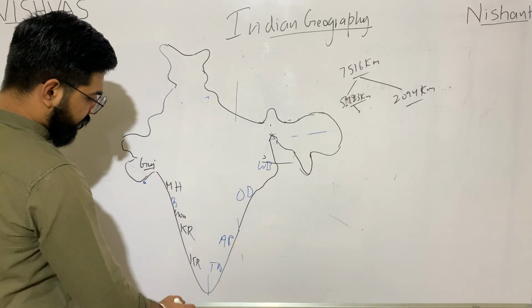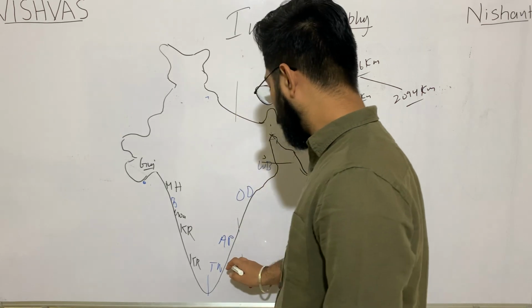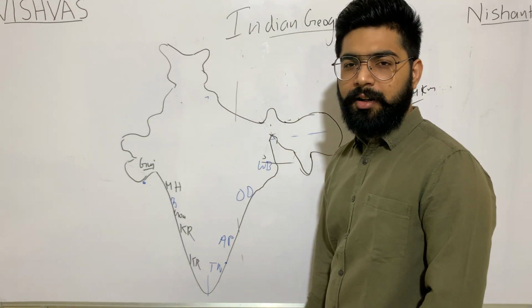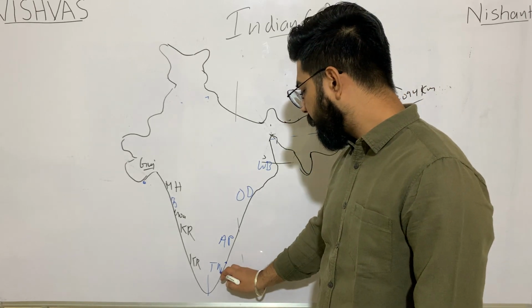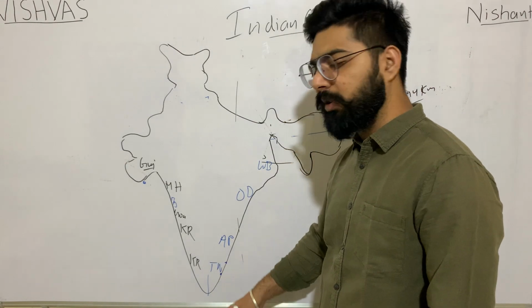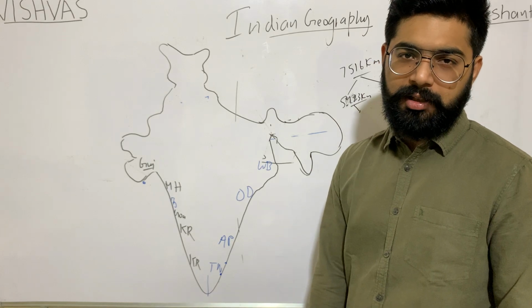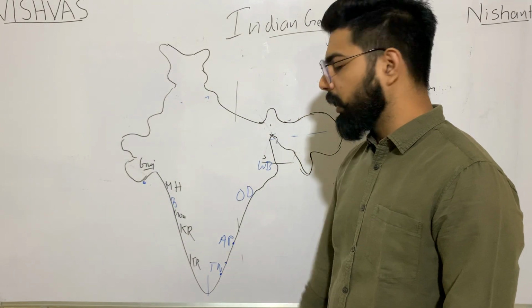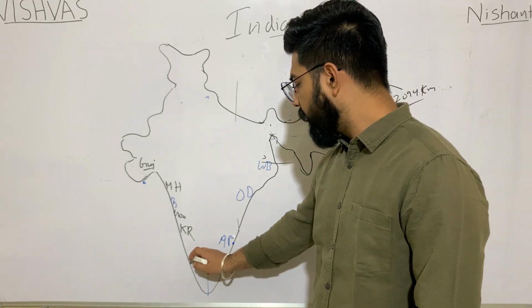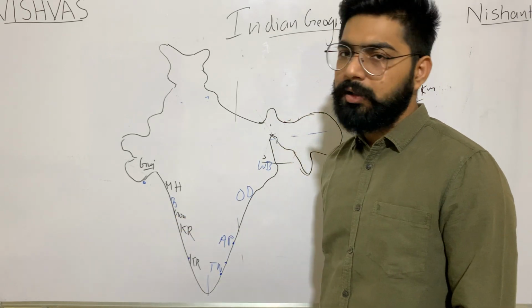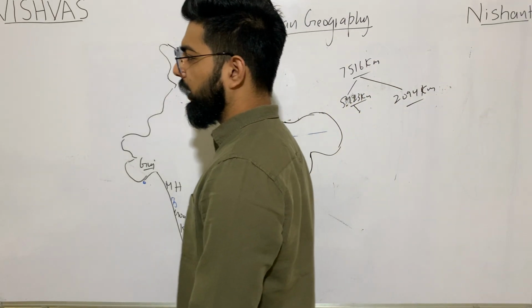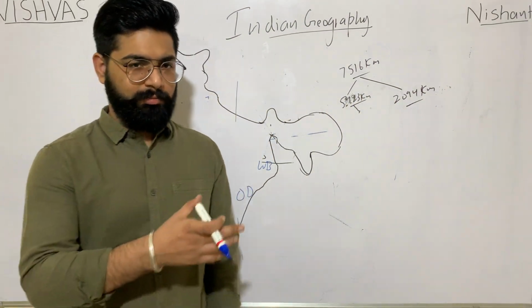And here we have Puducherry. Puducherry has 3 other territories: Puducherry itself is in Tamil Nadu, Karaikal in Tamil Nadu region, Yanam in Andhra Pradesh and Mahe in Kerala. Why does Puducherry have these territories apart?